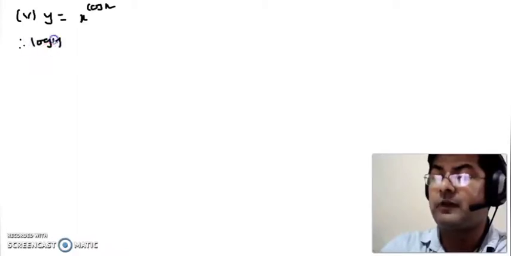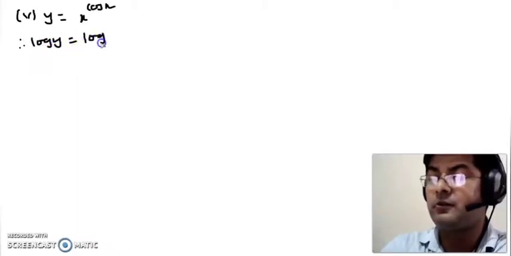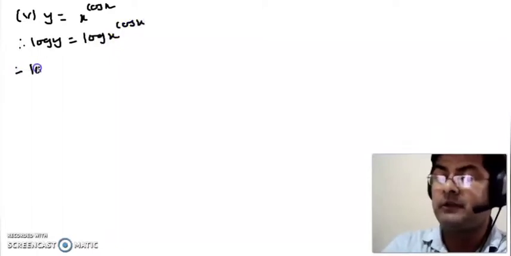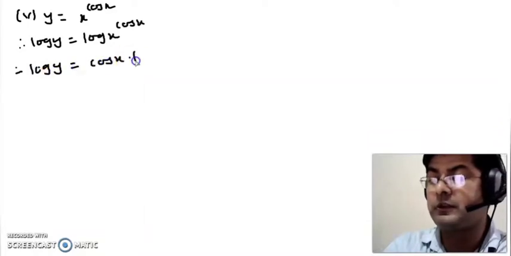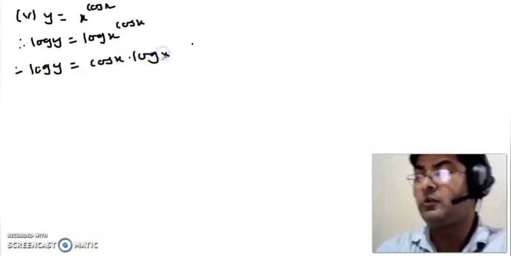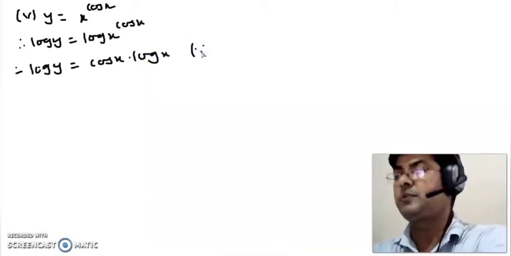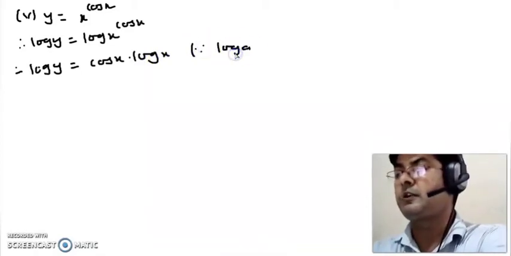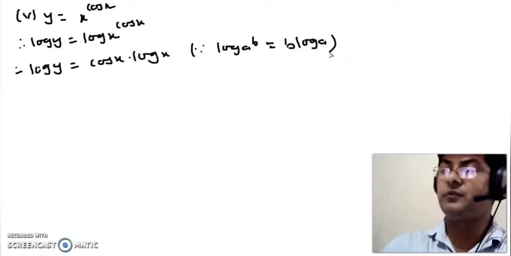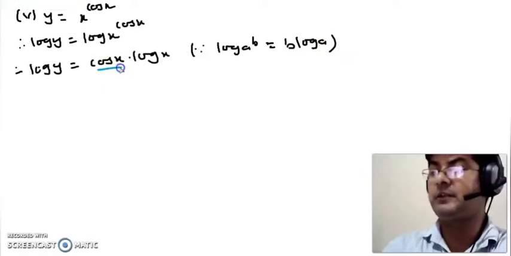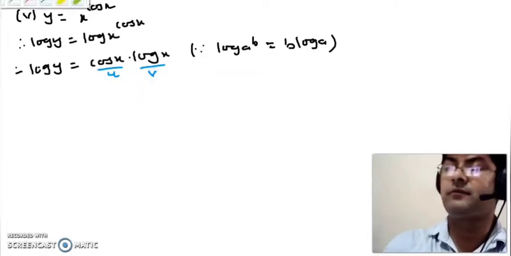Therefore, log y is equals to log x to the power cos x, and therefore we have log y is equals to cos x into log x. Again the same property, log a to the power b is equals to b log a. Now u into v we can apply. Cos x we will consider function u and log x function v.